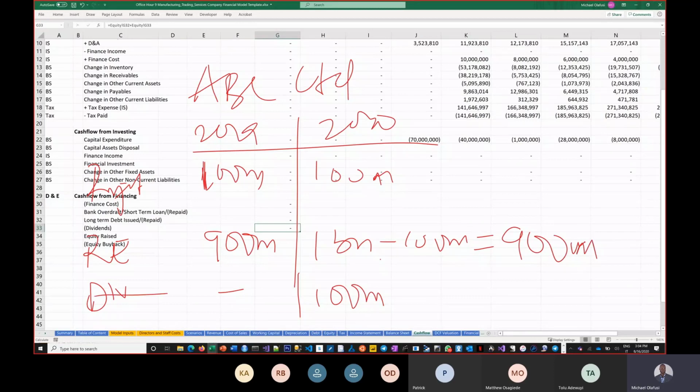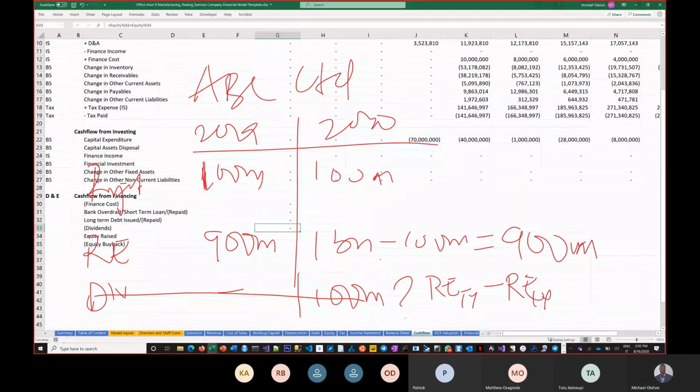So if we don't have this line, what formula can we use to get that we actually paid dividend of 100 million naira? That formula is what I've just said. Retained earning this year, minus retained earning last year. Then because the profit for this year is added into the retained earning this year, we need to take it out so that we can effectively know what was paid as dividend.